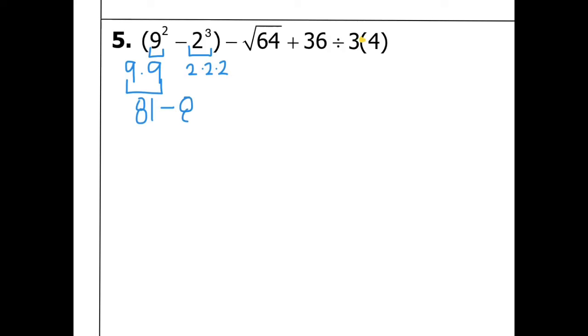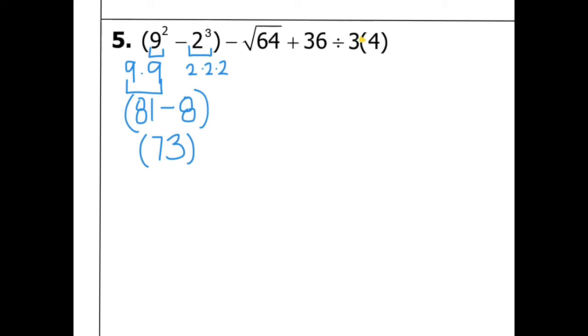Okay? I'm still working inside my parentheses. I just haven't finished yet. So if I have 81, take away 8. All right, I did my little subtraction off to the side, and that is 73. So inside those parentheses, I got all of that down to one number, 73.